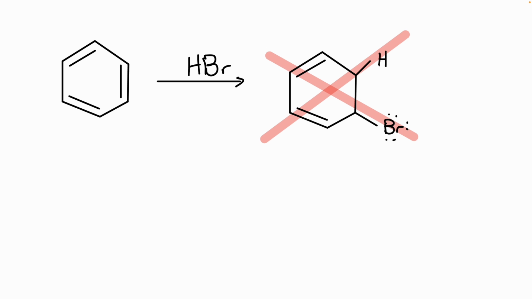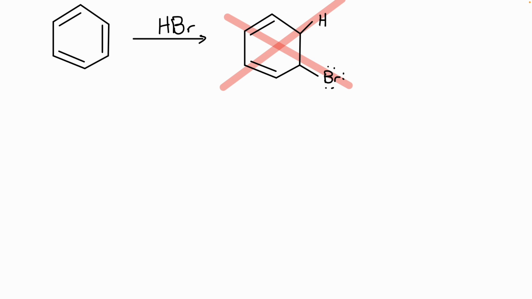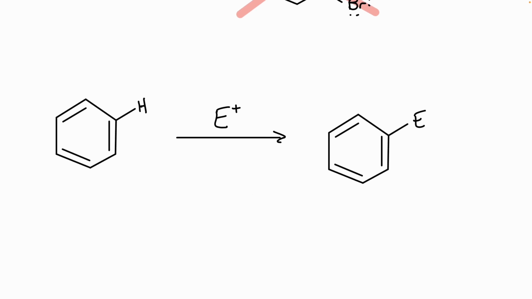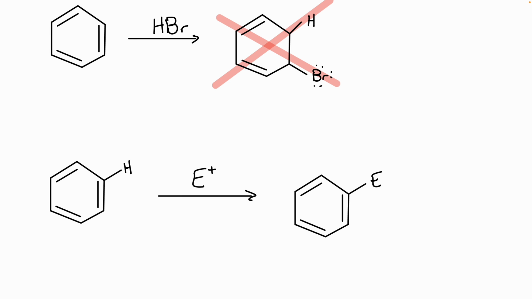Instead, what we're going to see are substitution reactions, where the hydrogen on our benzene ring is going to be replaced with some electrophile. All right, so an electrophilic aromatic substitution reaction. So we don't see any addition product.